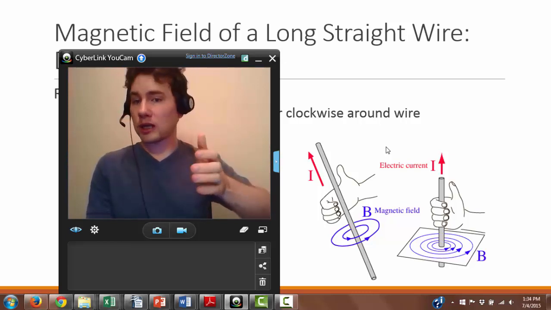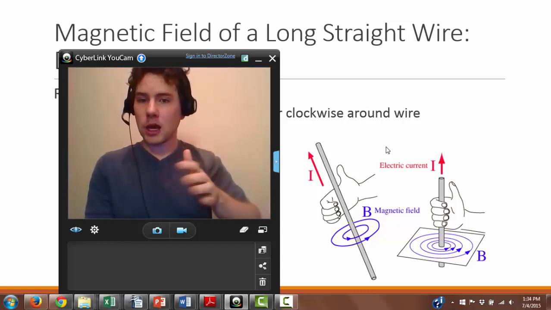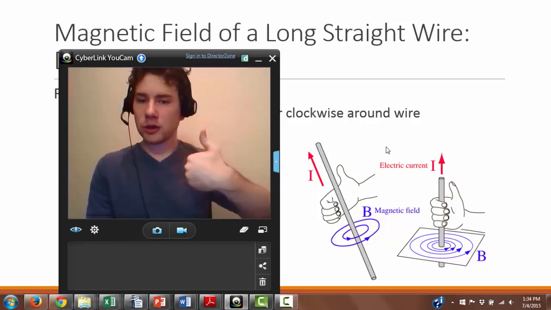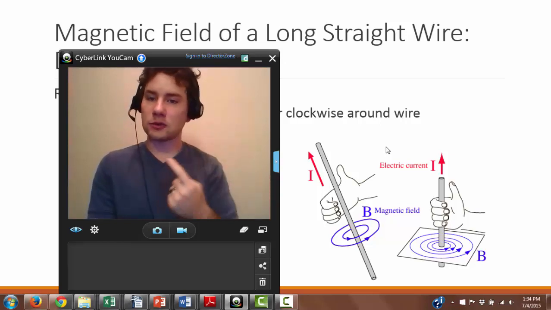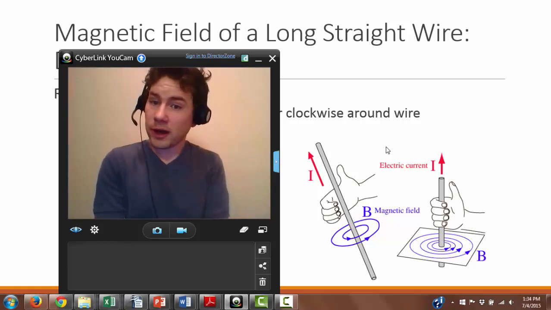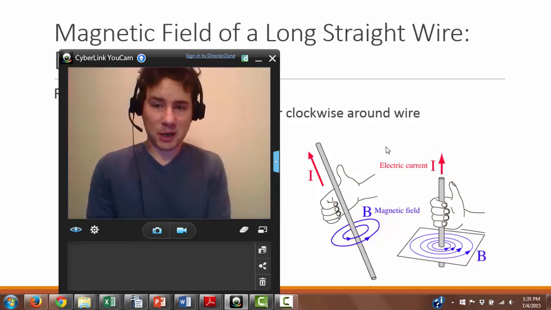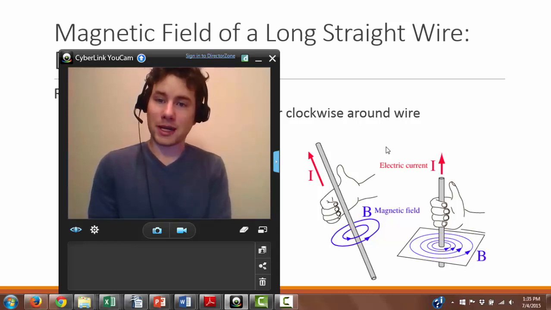Do they run clockwise or counterclockwise? And the idea is you put your thumb in the direction of current and your fingers will curl in the direction that the magnetic field lines run in, which is a fine way of remembering it. Now here's the difficulty. The direction that the magnetic field lines run is not the same thing as the direction of the magnetic field vectors at any given point.